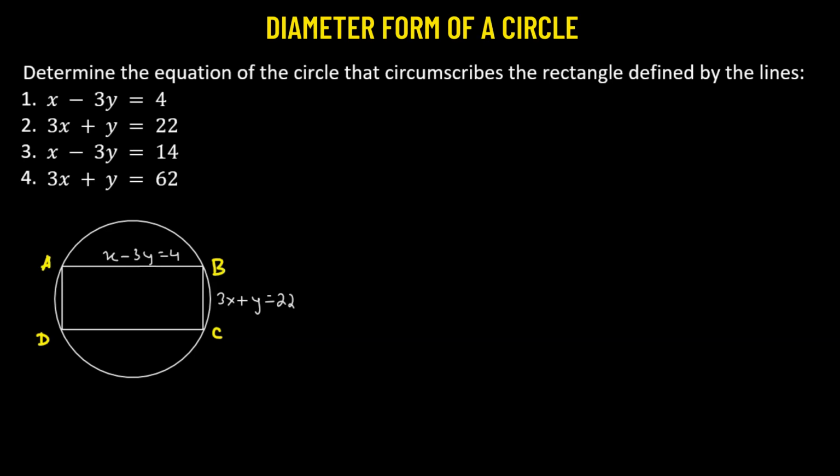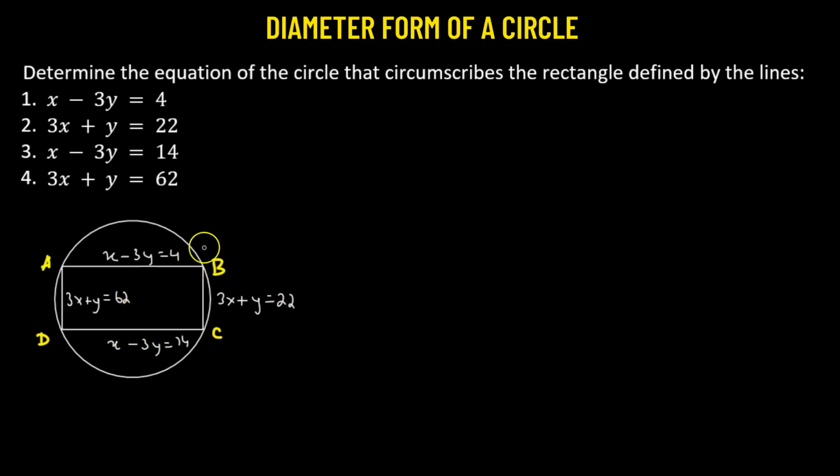That means they are parallel to each other. So this is how we can represent the sides of the rectangle without the help of any graphical calculator. CD is x minus 3y equals 14, and DA is the line 3x plus y equals 62. Fine. So how do we find the equation of this particular circle?